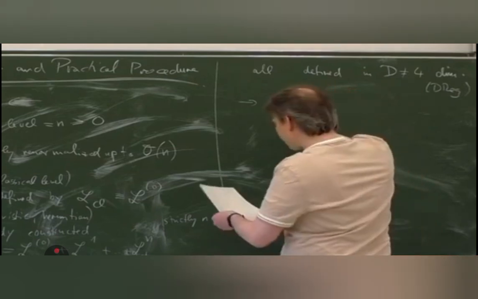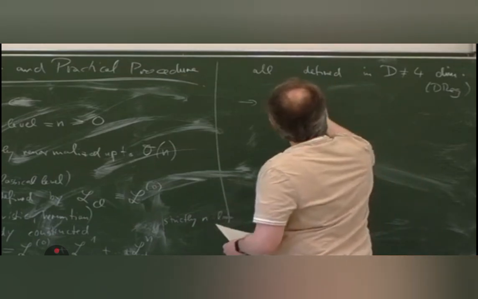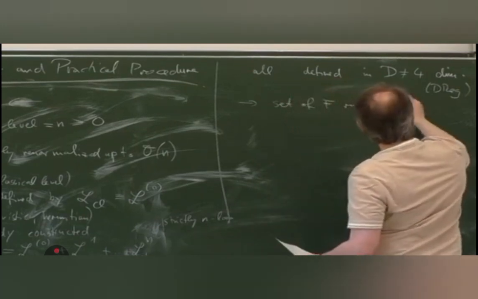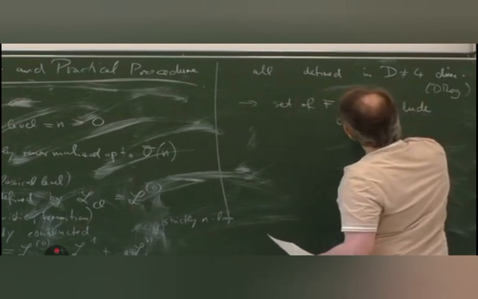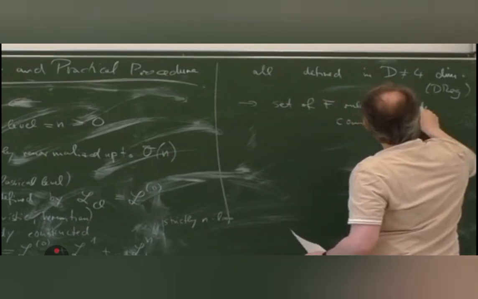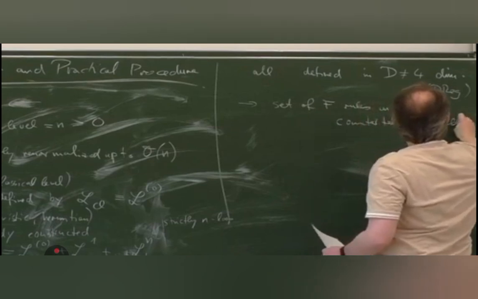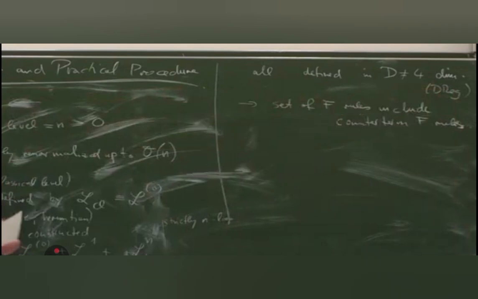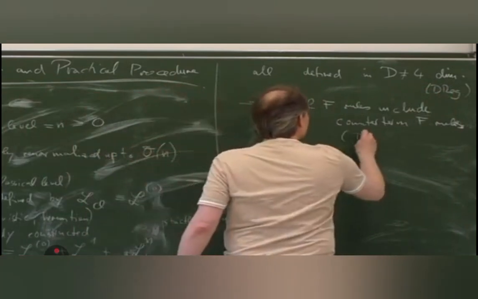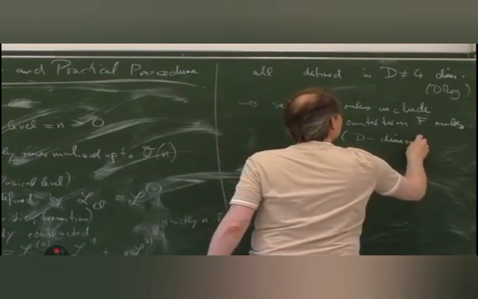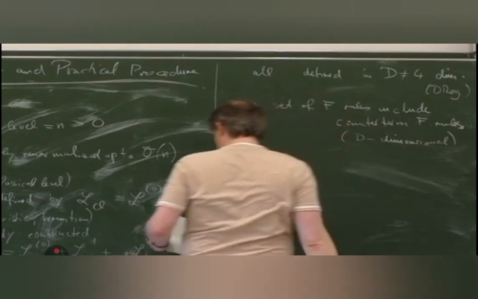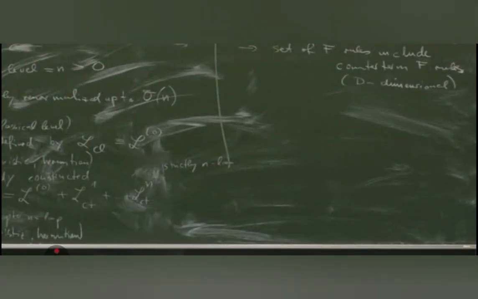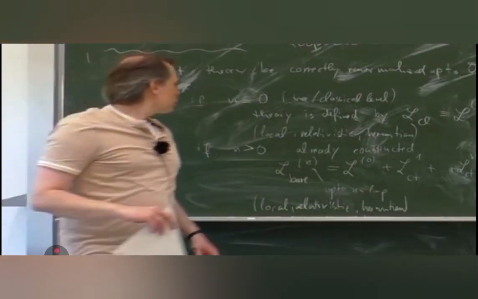So we have a set of Feynman rules which in general include so-called counterterm Feynman rules. And the theory is defined by these d-dimensional Feynman rules. Okay, so this is the first item in our assumption that we need at the n-loop level.